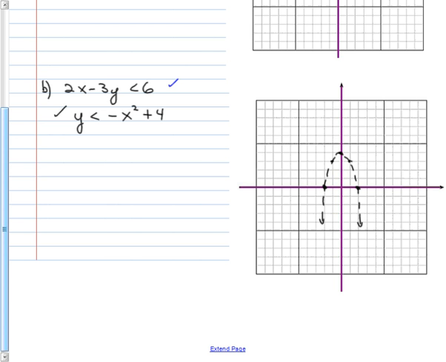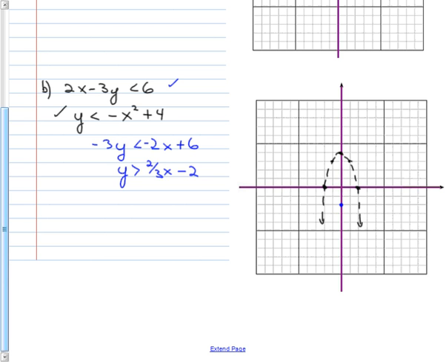Now I'm going to do this one, which is, what shape is that first equation? That's a line. Let's see, negative 3y less than negative 2x plus the 6. Y, help me out. Greater than, very good. We just divided by a negative. Positive 2/3 x minus 2. So negative 2 is my y-intercept. What is it, 2/3?